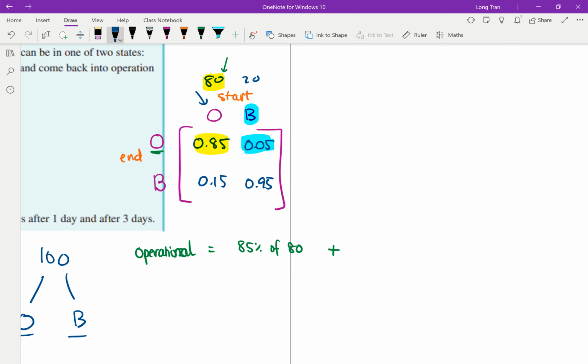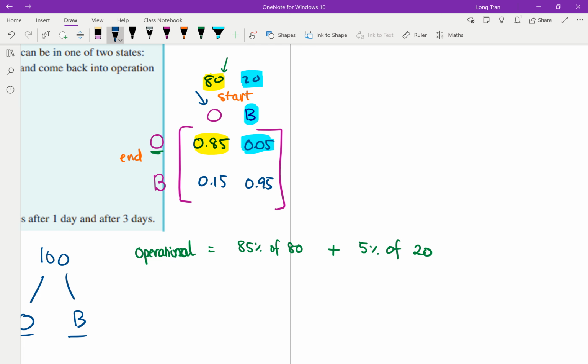So if we were to calculate, we would add on an extra 5% of the 20 machines, because remember there were 20 that were broken, but 5% of them are going to work.